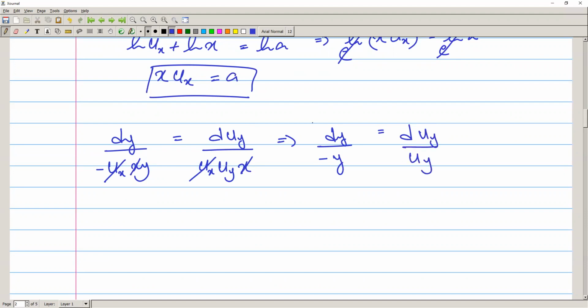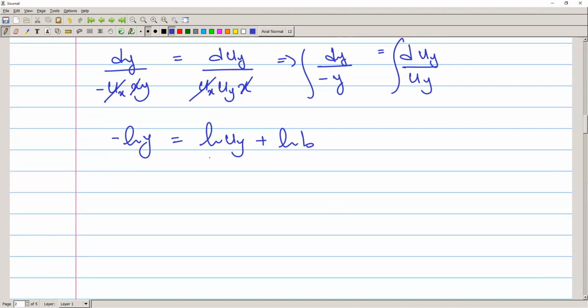So this is also a separable equation, so we can integrate this equation. Similarly, what we will get is ln y is equal to ln uy plus ln b, and again we are not interested in the sign of this constant function, so we shift it to the left hand side. It will be ln uy plus ln y.